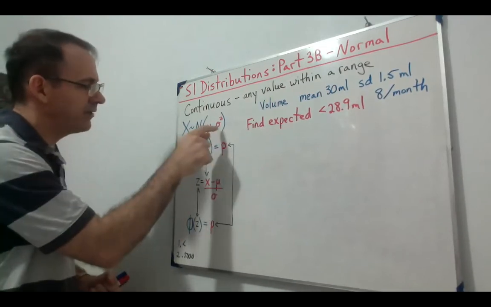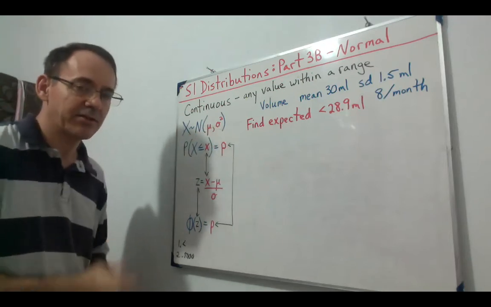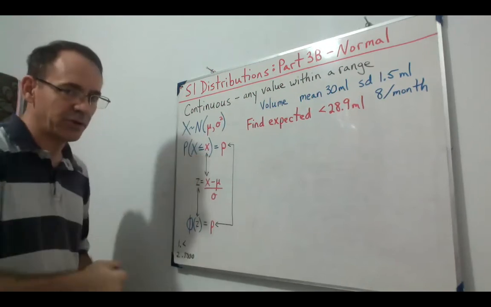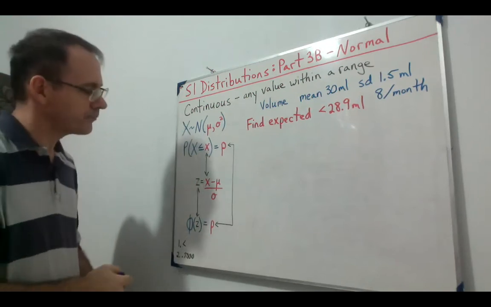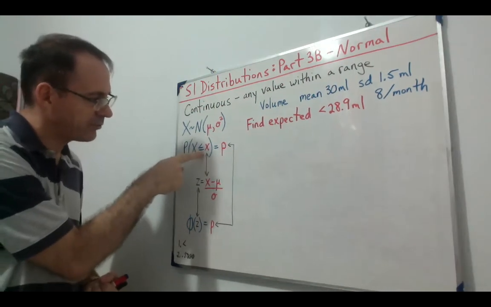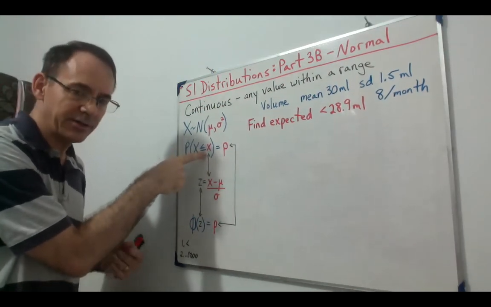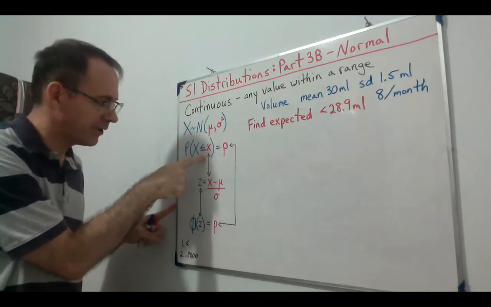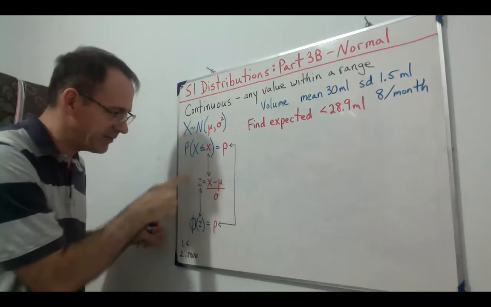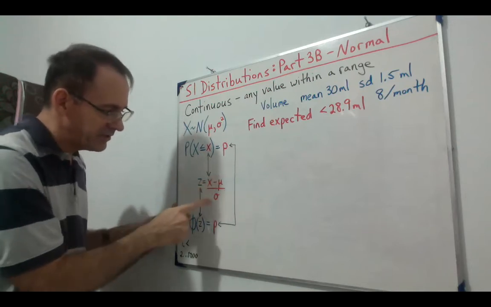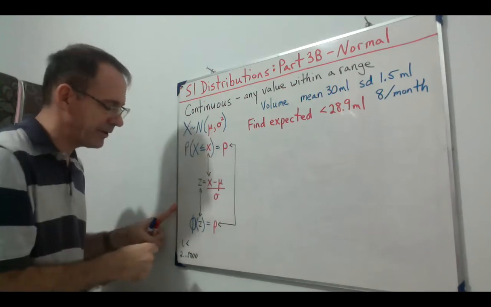So once you have properly notated this as a normal distribution and have properly set up your probability statement, then you need to be able to follow this pathway through from the number that you're looking for or that you're calculating the probability for, goes down into the standardizing formula where the mean and standard deviation come from the parameters.